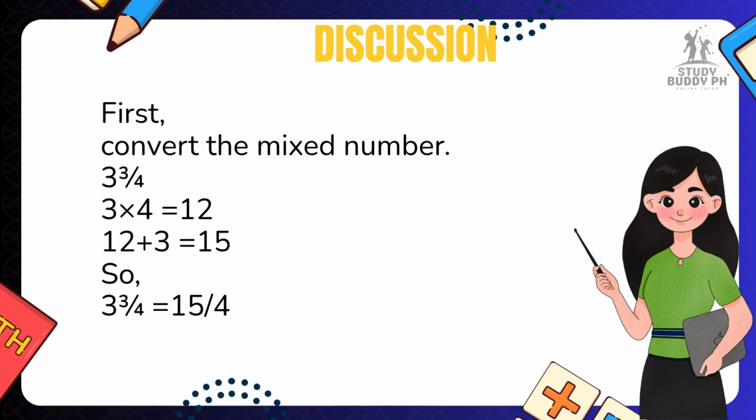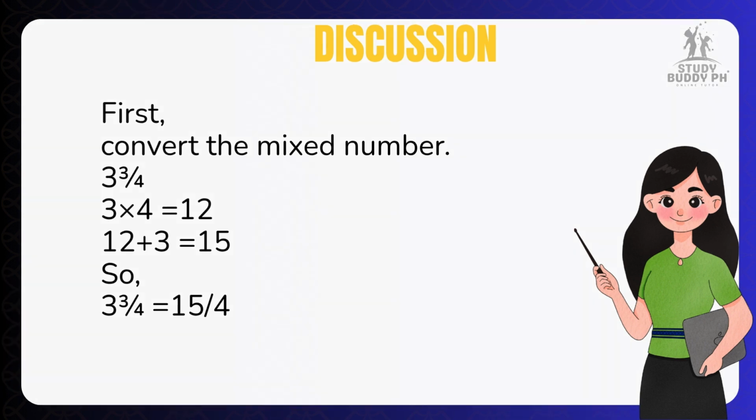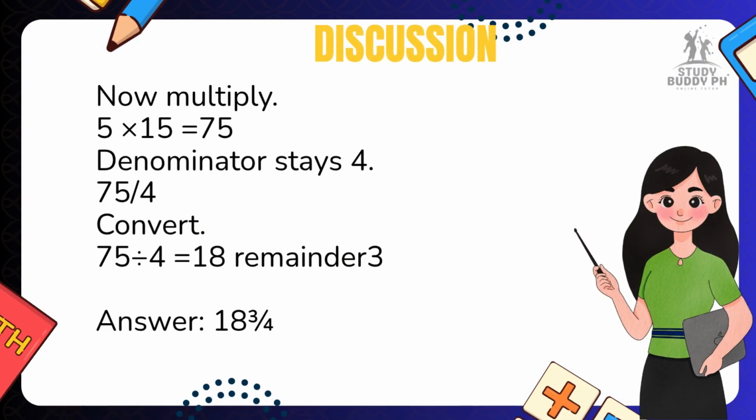So, 3 and 3/4 equals 15 over 4. Now multiply. 5 times 15 equals 75. Denominator stays 4. 75 over 4. Convert. 75 divided by 4 equals 18, remainder 3. Answer, 18 and 3/4.